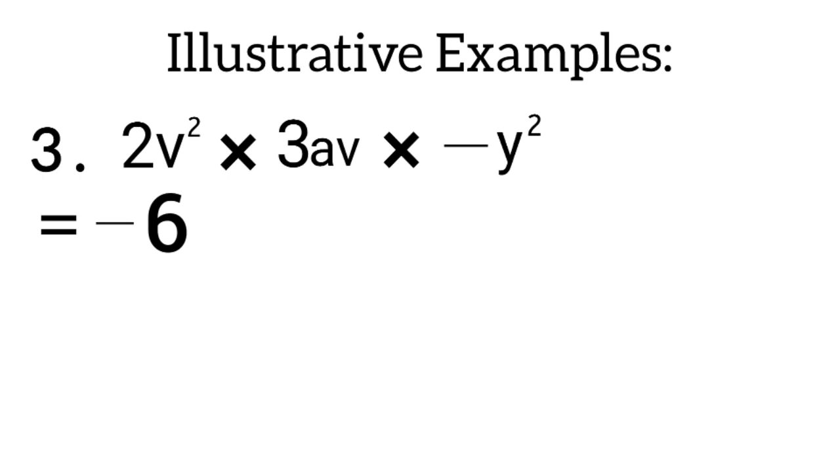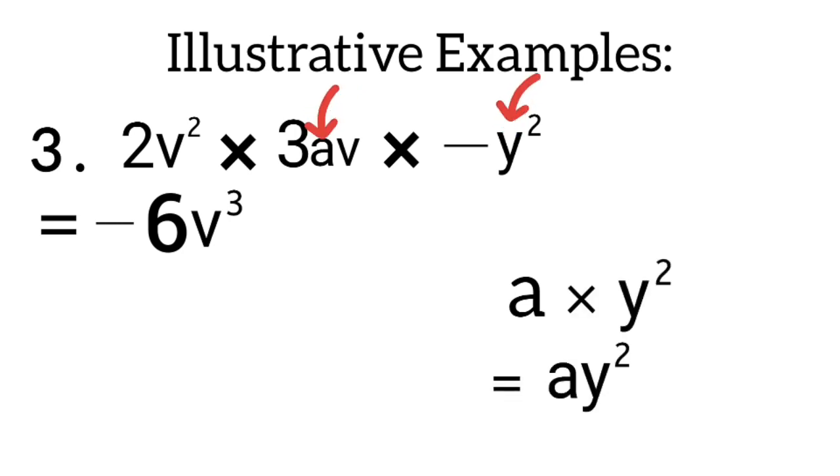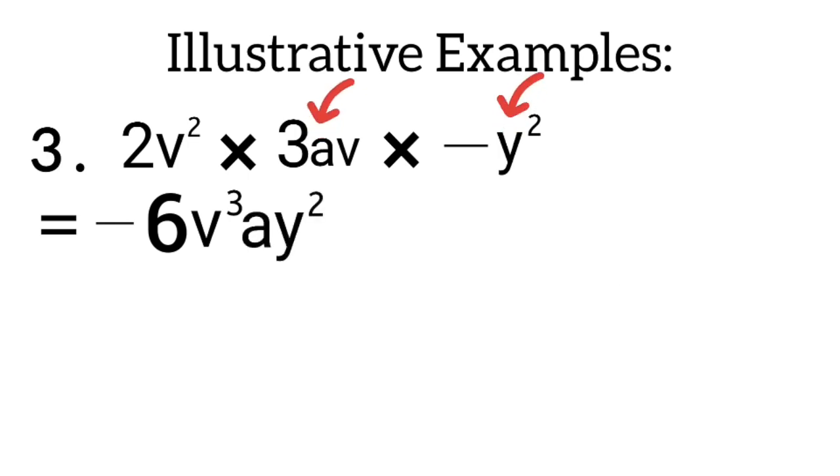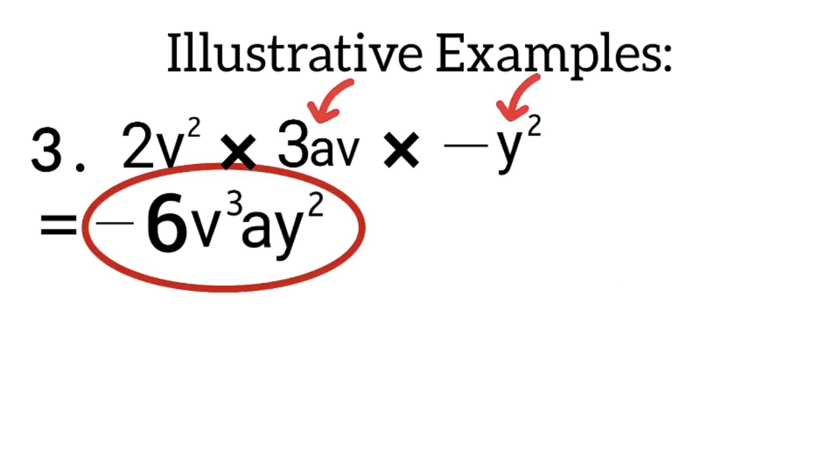The variables v squared and v will multiply to give you v power 3. Also, the variables a and y squared will multiply to give you a y squared. Put them together to get negative 6 v cube a y squared.